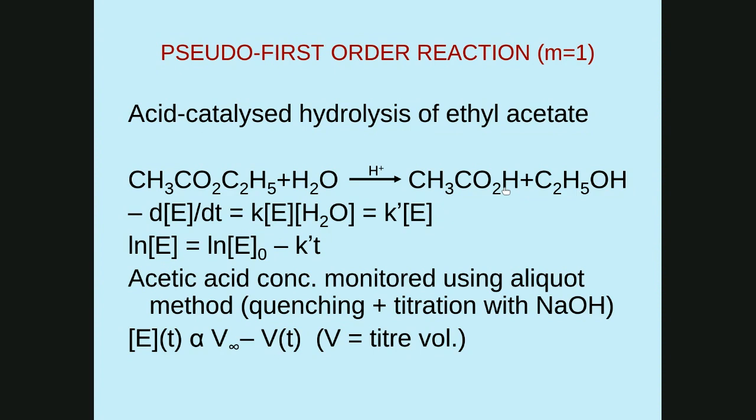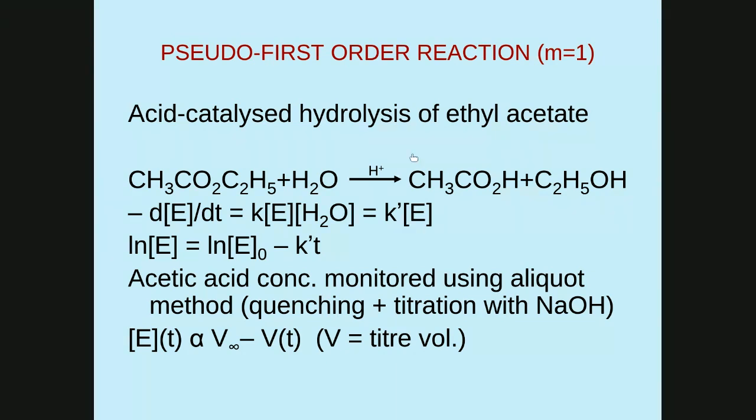Now that difference, of course, is a measure of the ethyl acetate that remained at time t, because V infinity minus Vt is a measure of the quantity that has been converted, right?